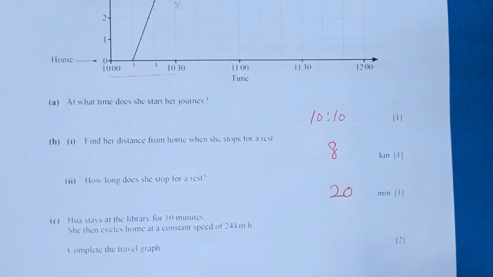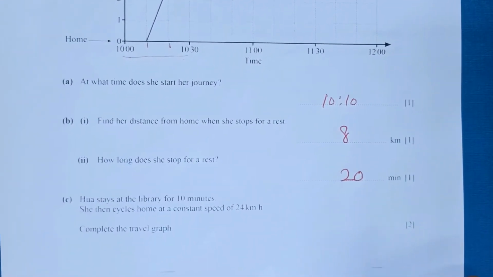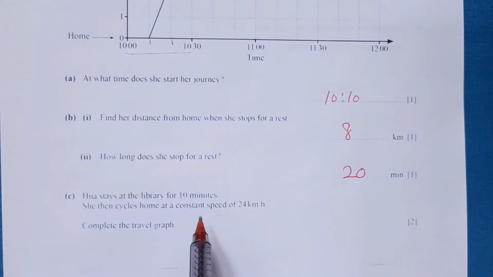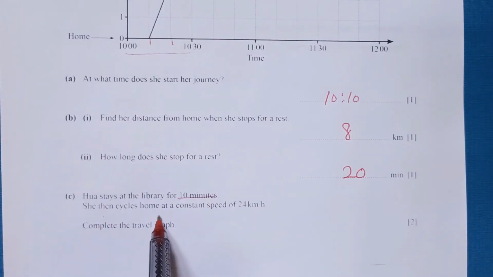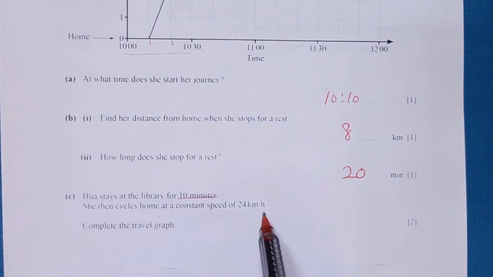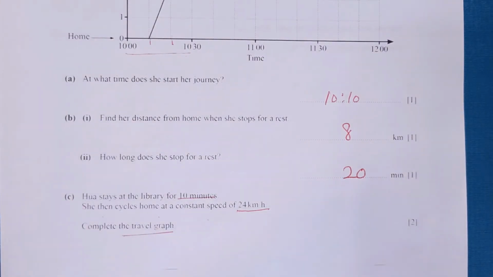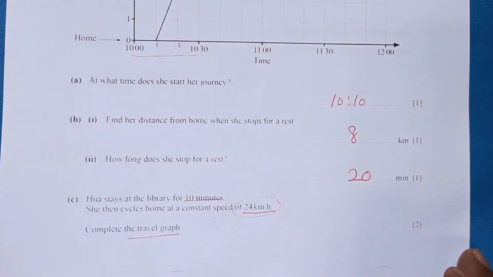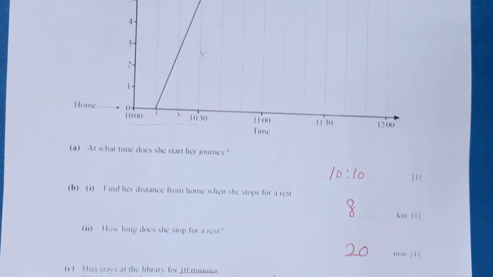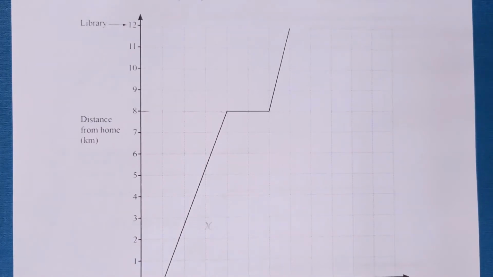Now part C. Hua stays at library for 10 minutes. She then cycles home at constant speed of 24 km per hour. Complete the travel graph. So her speed is 24 kilometers per hour. But the distance given to us here is 12.